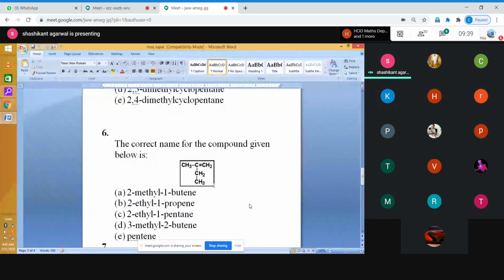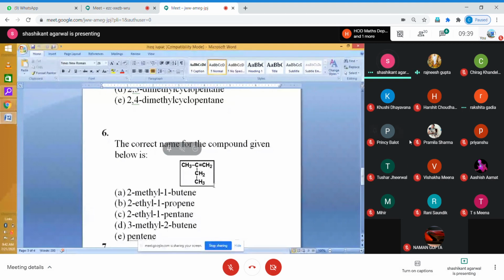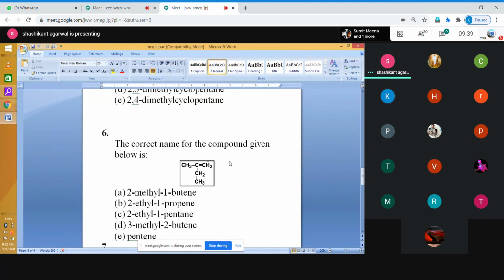Tell me the option number, A, B, C, D, E. Which one? Sir, option B. Option A is correct. That's correct. You will start the numbering from here: 1, 2, 3, 4. And on the second position, you can see the methyl group is there. Is that clear?